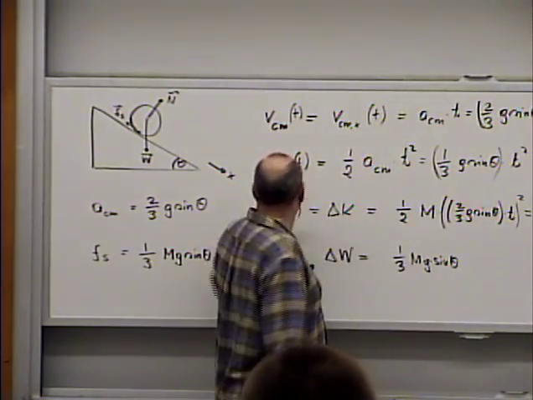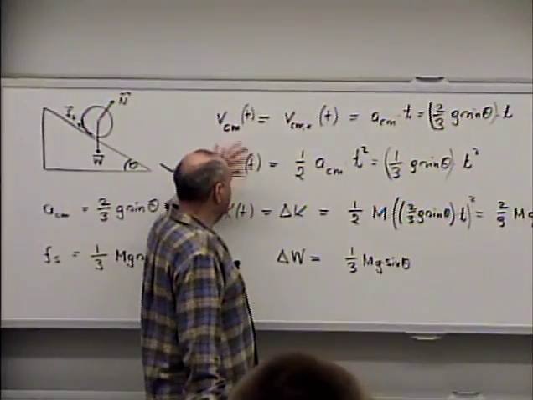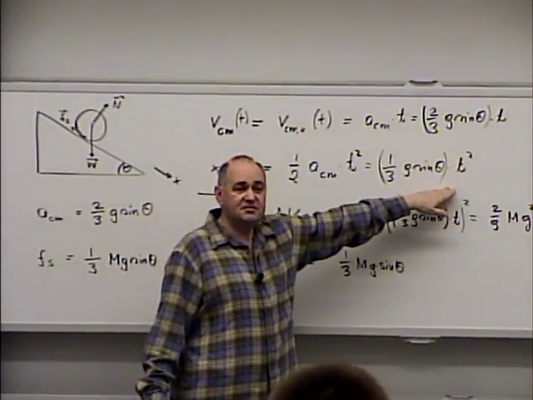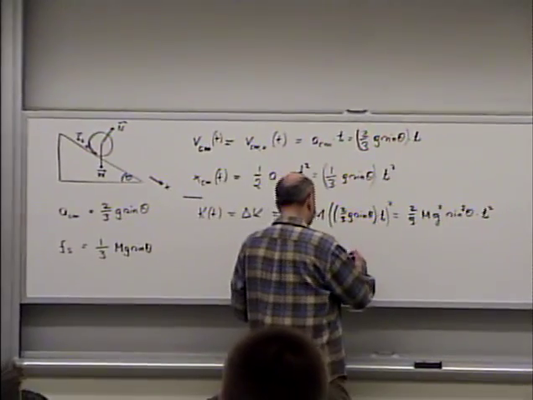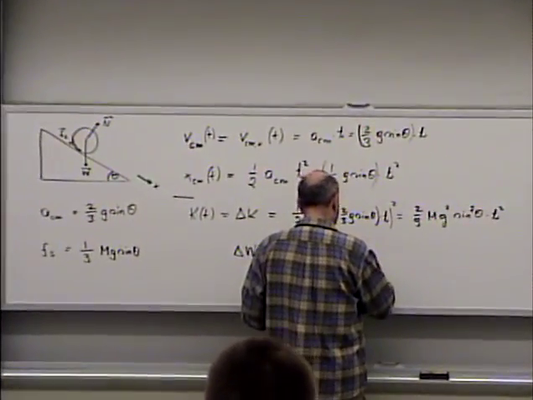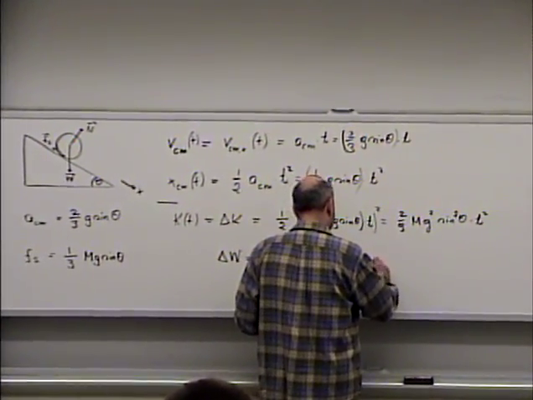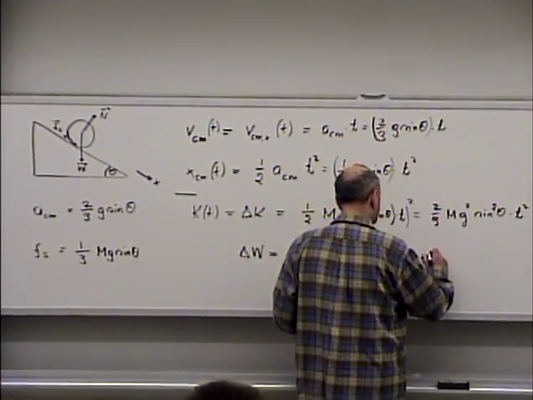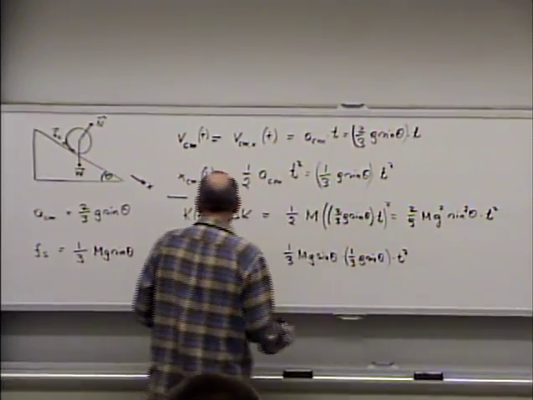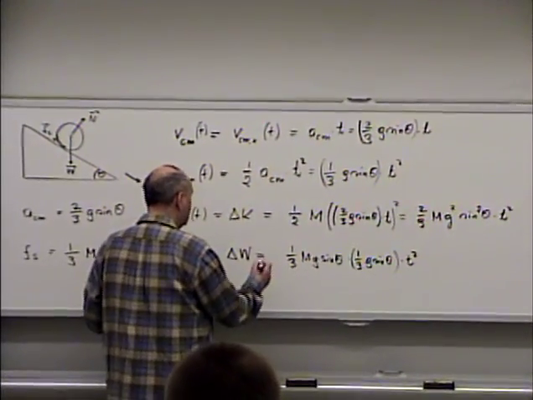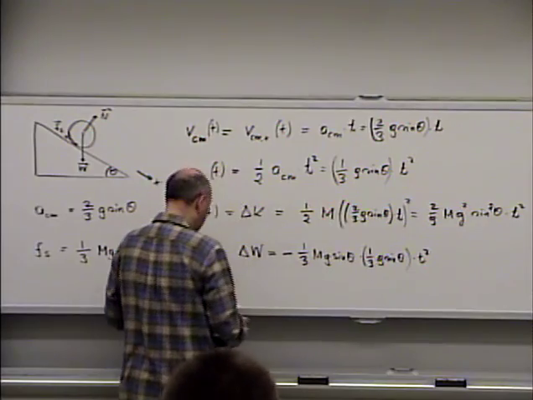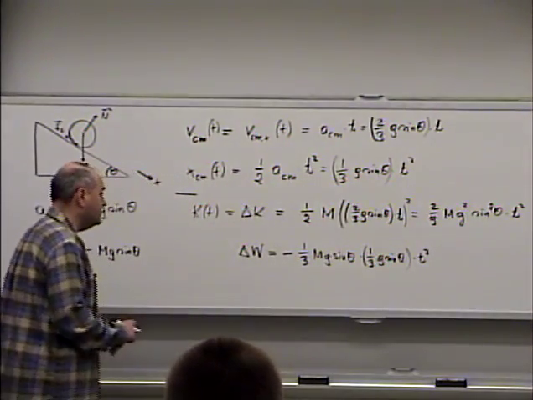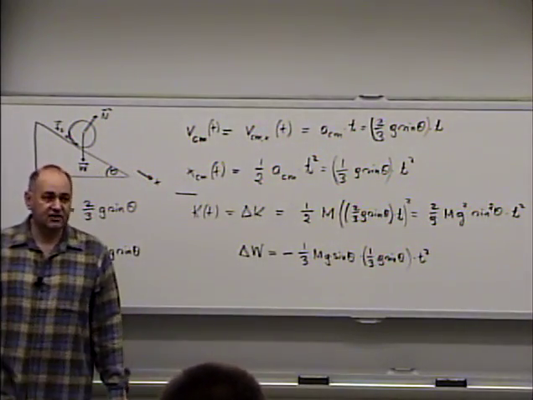It started from a point where we assign 0, so this is really the displacement. I can multiply this by 1/3 g sine theta times t squared. And now the cosine of the angle is minus 1. So this is the work associated with friction.